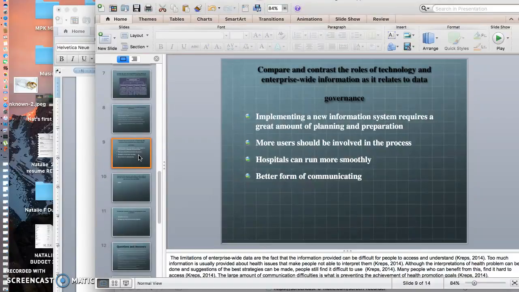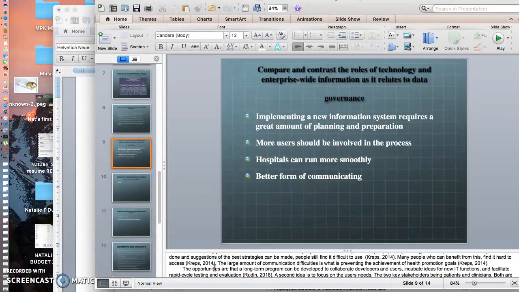Even when all of the interpretations of health problems can be done and suggestions of the best strategies can be made, people still find it difficult to use. The opportunities are that long-term programs can be developed to collaborate developers and users, incubate ideas for new IT functions, and facilitate rapid cycling, testing, and evaluation.